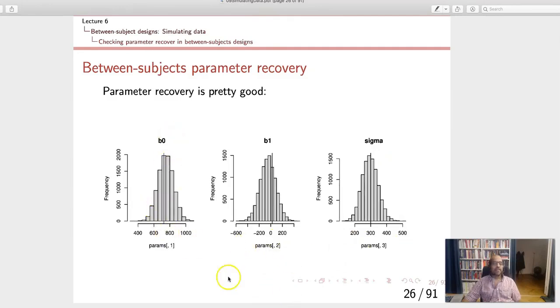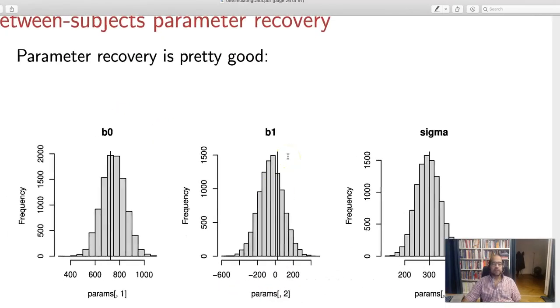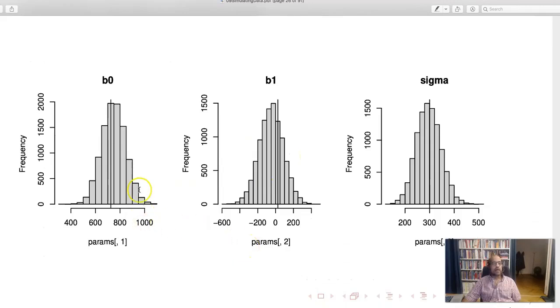The vertical lines that you're hopefully able to see here are actually the true values. This is 725, this is 25, and this is 300. And what you can see is that the distribution of the parameter estimates is centered right around the true value. That means the model is able to nicely recover the true parameters.